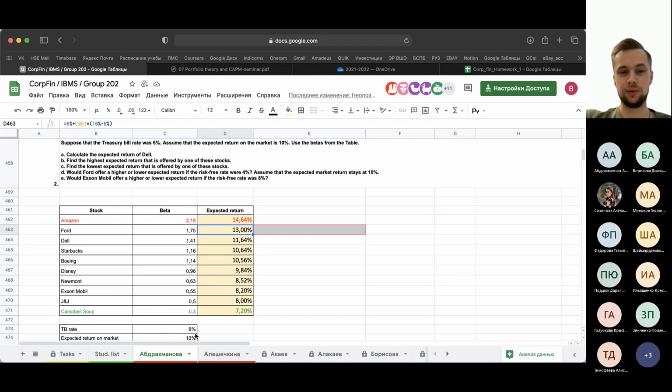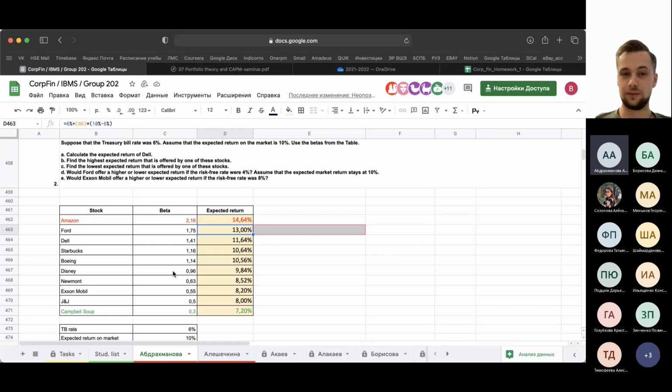If the risk-free rate goes down by 2 percentage points to 4%, do we expect that Ford will provide higher or lower return? I guess higher.